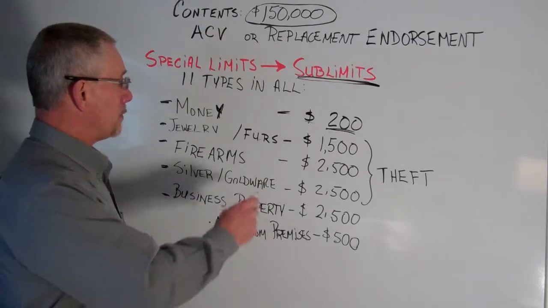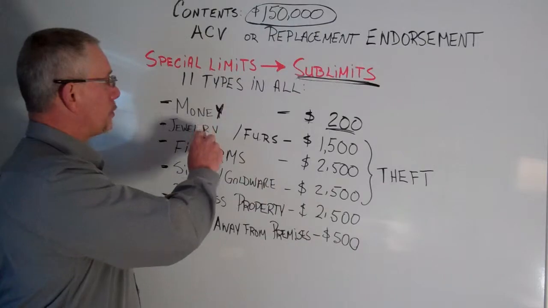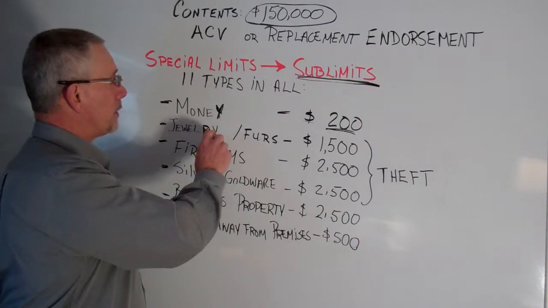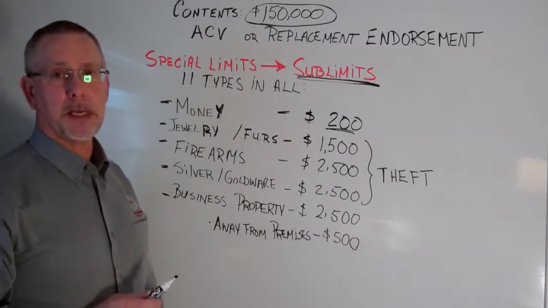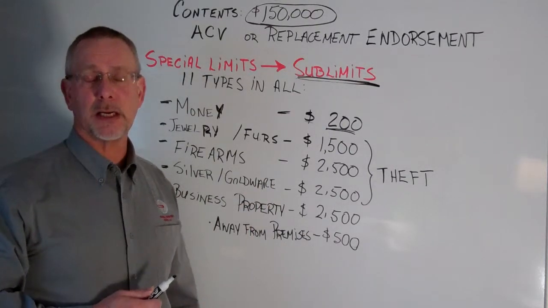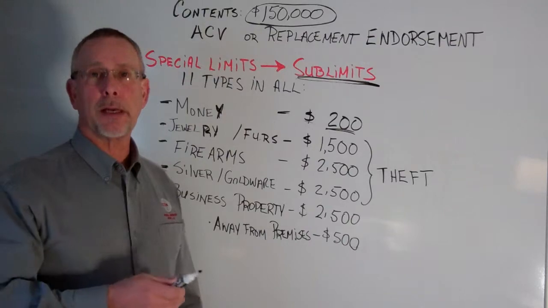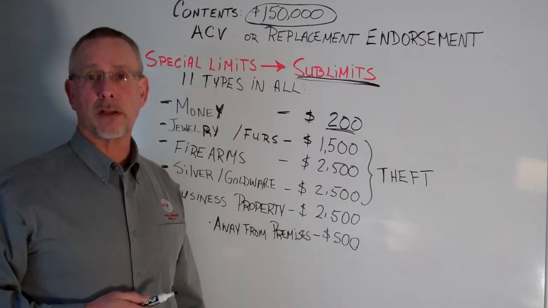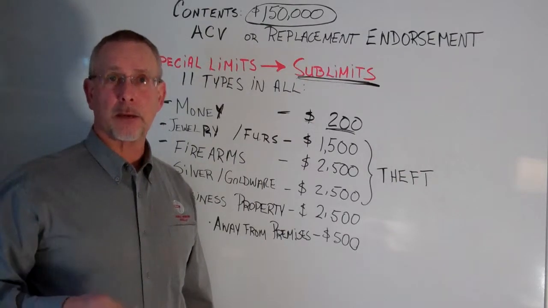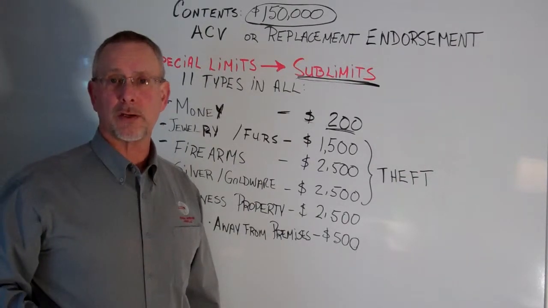So do know that if you've got jewelry in your home and it's over $1,500, that does not mean that the insurance company will only pay $1,500. They will pay the jewelry as contents in your home on a catastrophic loss, but again, it gets down to proving what jewelry you actually had.